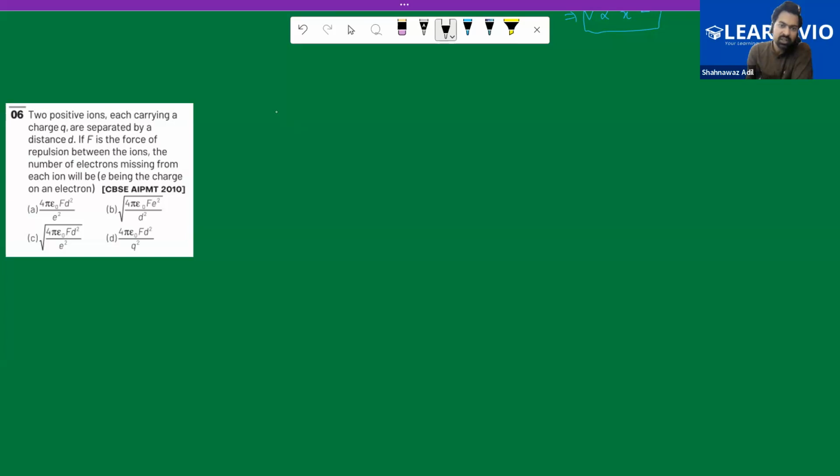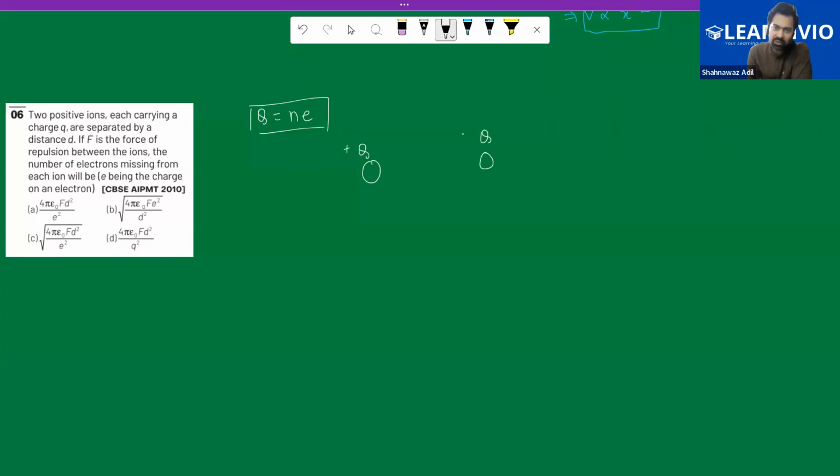Right. So the charge on each positive ion would be due to the number of electrons which are missing. So the total charge would be simply n e. Right. And the force between these ions, right? So let's say this is one ion and this is another ion.